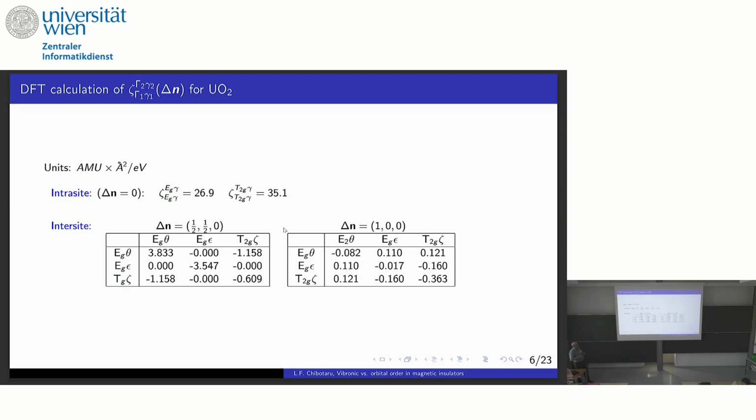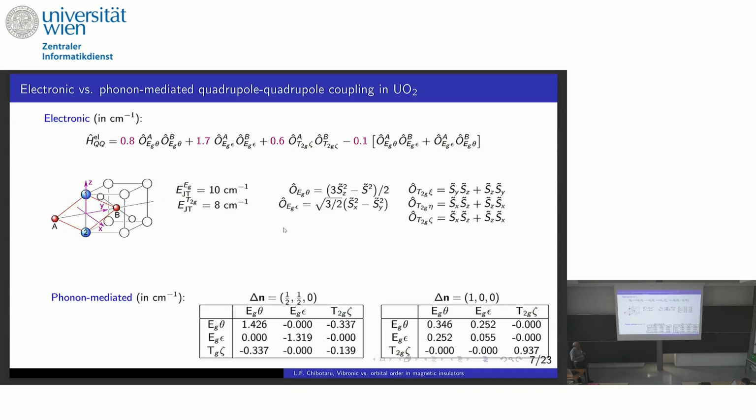What we see is that the diagonal elements are by one order of magnitude larger than the off-diagonal for this lattice. And these are calculated, so you know the Jahn-Teller energy for these two kinds of modes, which are the most important. And we obtain the phonon-mediated coupling constants, they're given here.